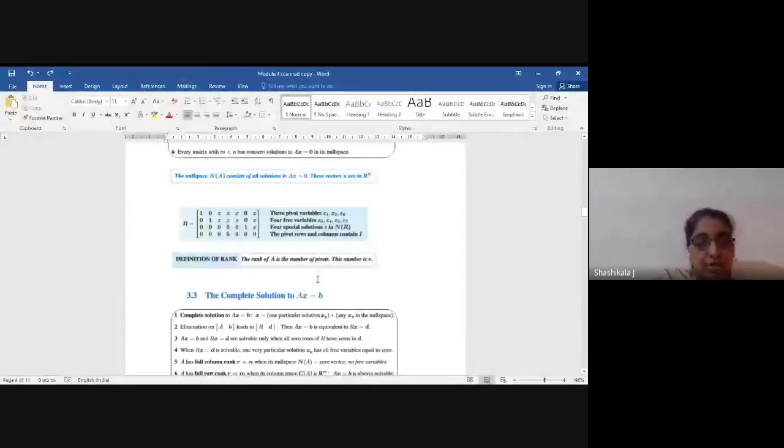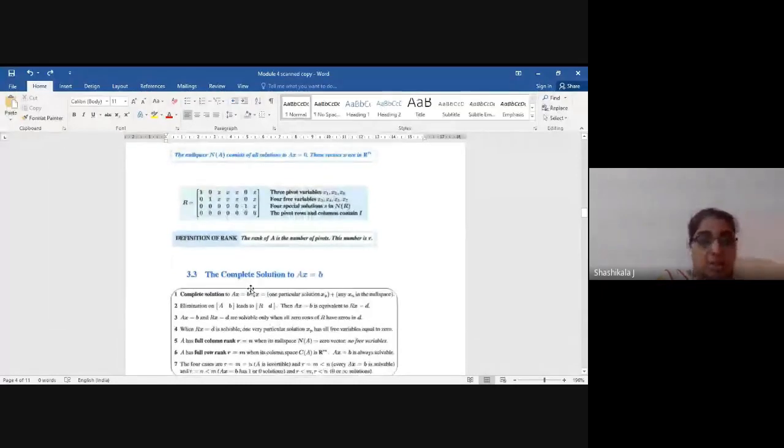The other three columns are called the free variables. Free variables can take any value. Your complete solution to Ax = b is the solution due to both the pivot variables and the free variables.